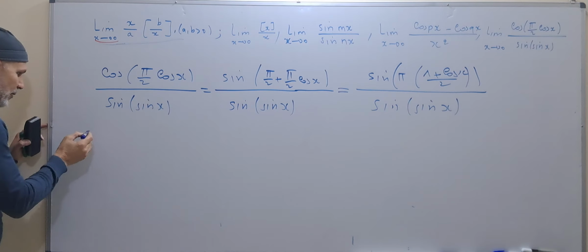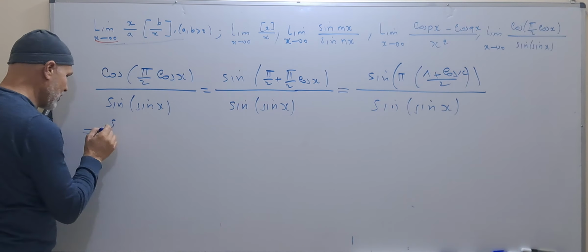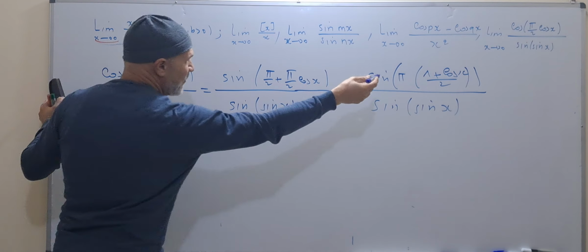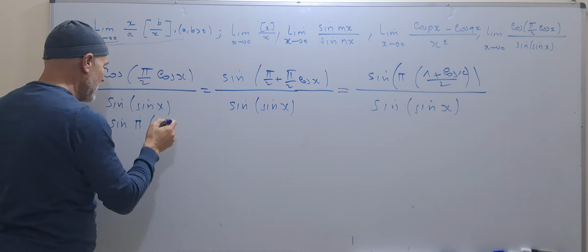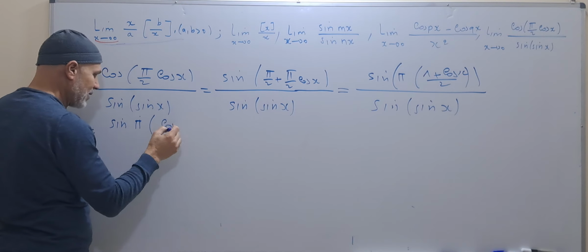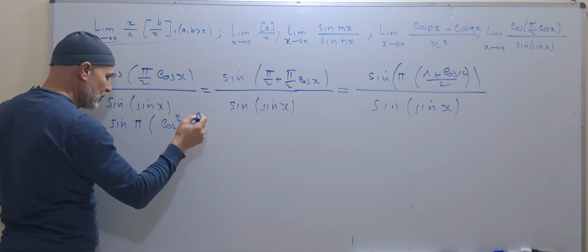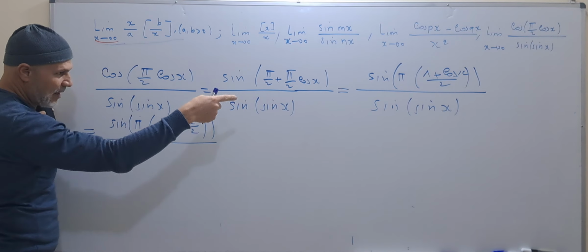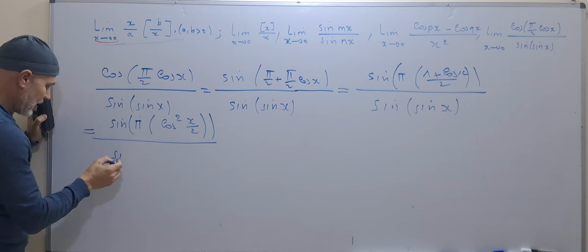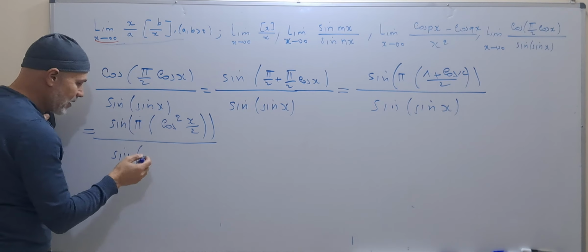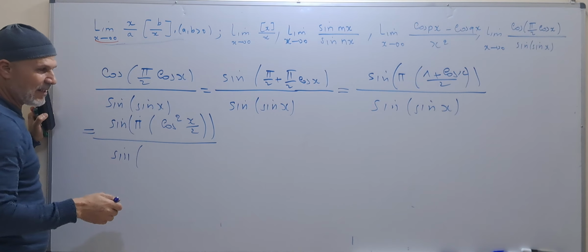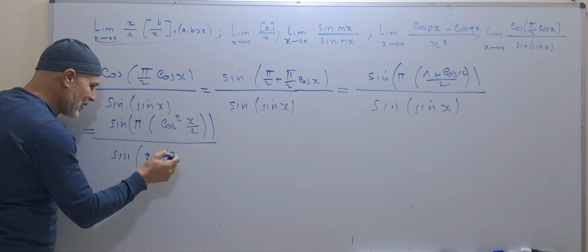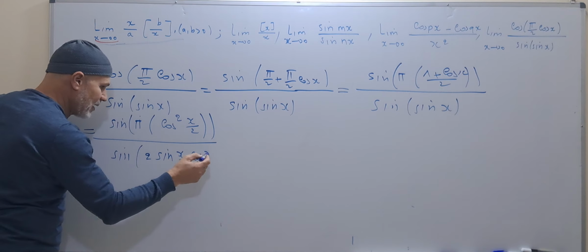And here once again we have basic transformation. We have sine p, and the sum, using a well-known formula, we will get cosine squared x over 2 divided by sine x. Here we can write sine x as sine of (x over 2 plus x over 2), which gives us 2 sine x over 2 cosine x over 2.